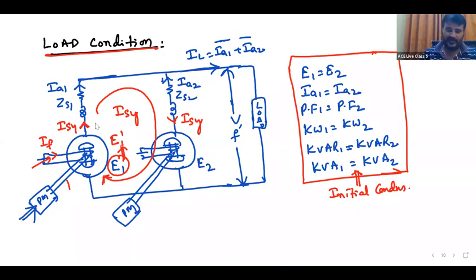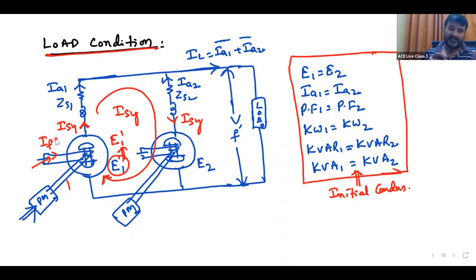Already we have seen, this is an I cos phi component. It will aid the first machine's I cos phi component. Therefore, the active component of the current of first machine will increase, but it will oppose the second machine. The active component of the current will reduce. Therefore, active power sharing of the second machine reduces, and active power sharing of the first machine will increase.